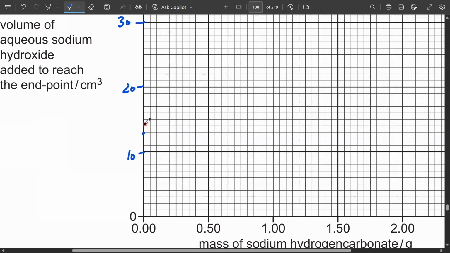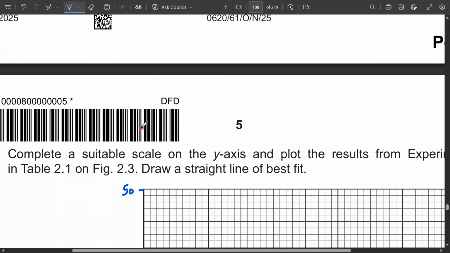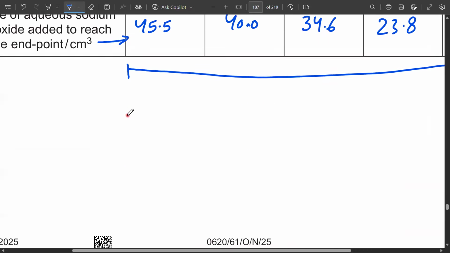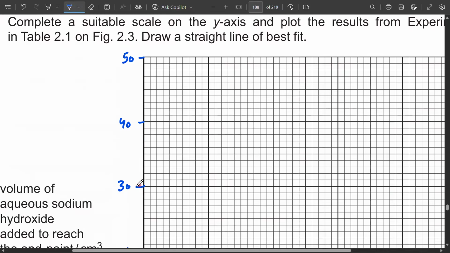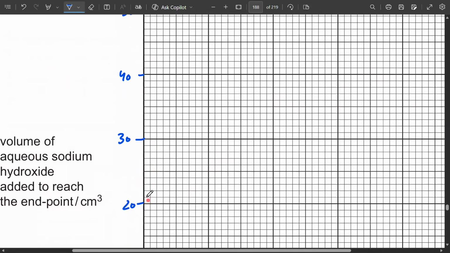This is 13.0, and this is 23, and it is somewhere around here, 23.8.